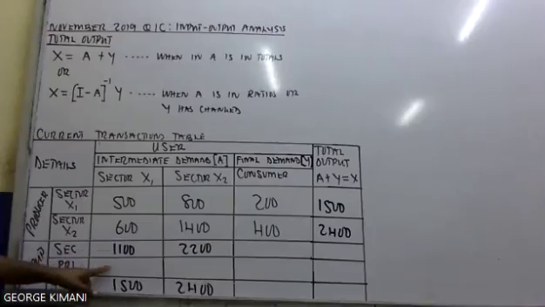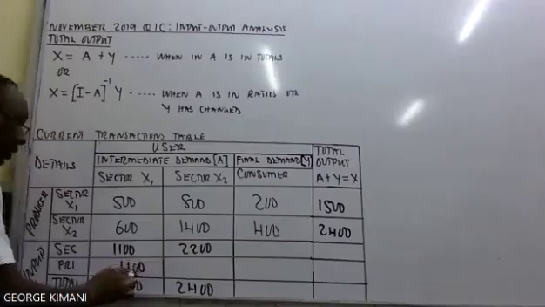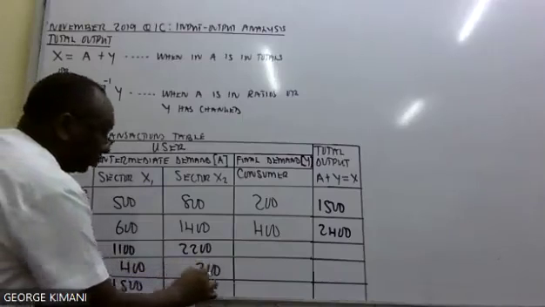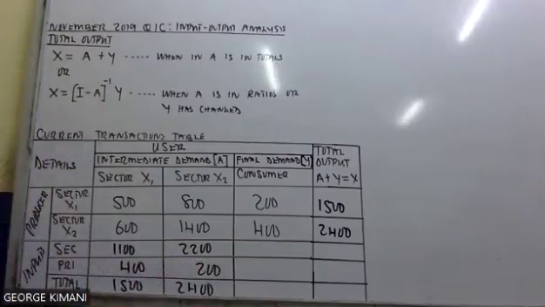So what remains? 400. Now here, 200. That is how it is supposed to look.